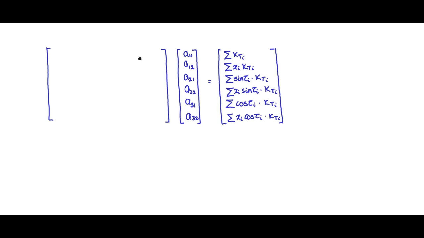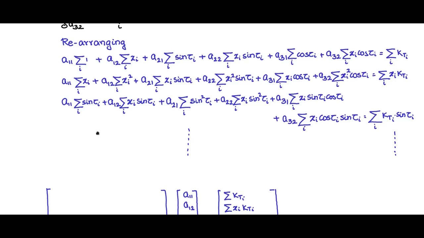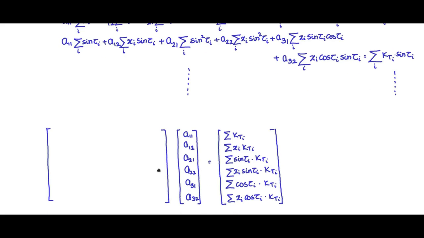You have the 6 set of equations represented in the matrix form. This matrix here, which is shown blank, contains the coefficients of these equations, like this xi, the sine tau y, xi sine tau y, sigma cos tau y, so on, sigma sine tau y, so on. All these things will get populated here, and these values can be calculated.